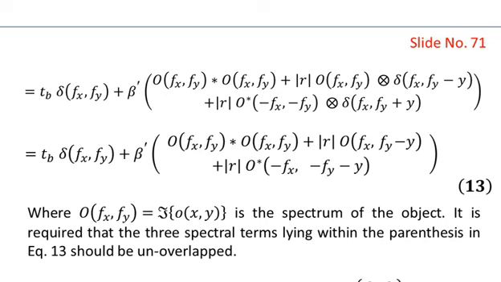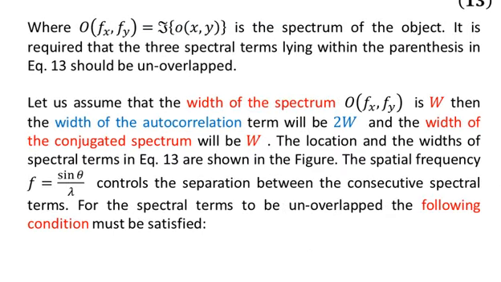So one term, the spectrum capital O, will be located at the location fy equal to y, and the O star, which is the complex conjugate of the spectrum, will be located at fy equal to minus y, as always from equation number 13. So let's assume that the width of the spectrum O is w.